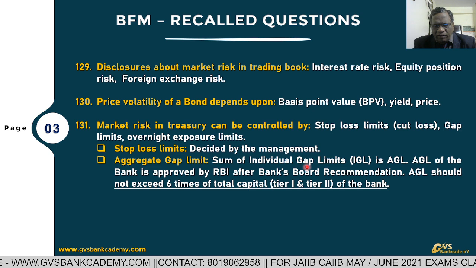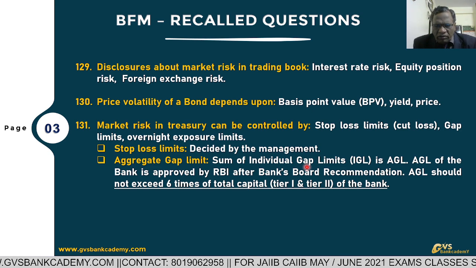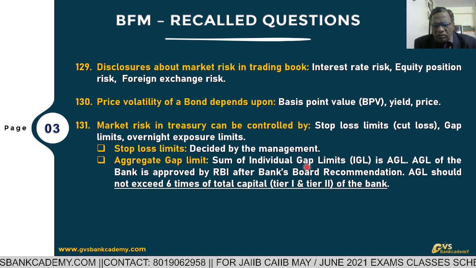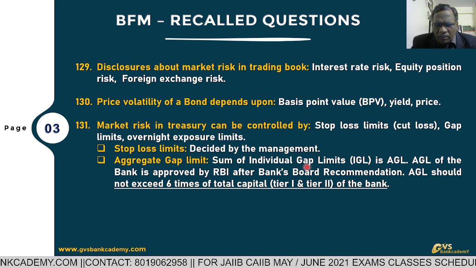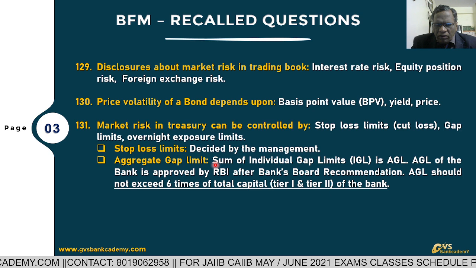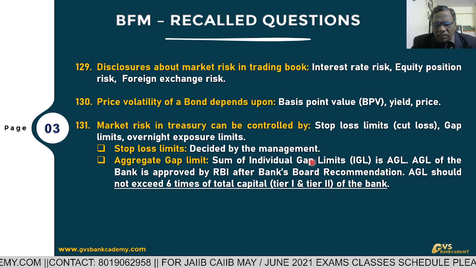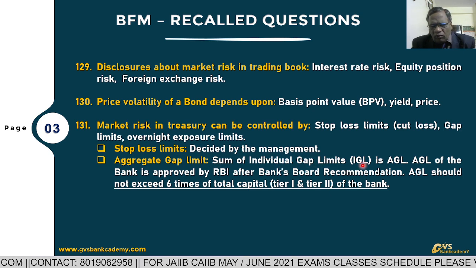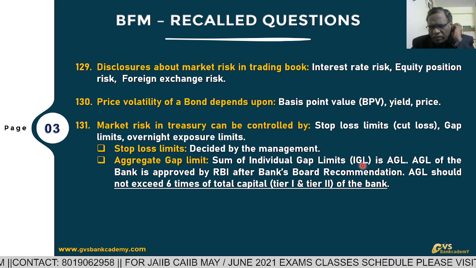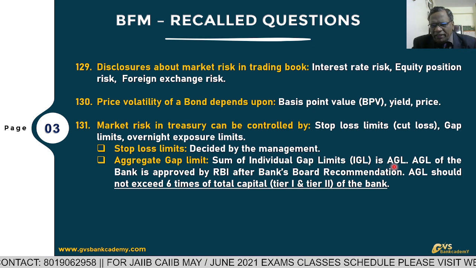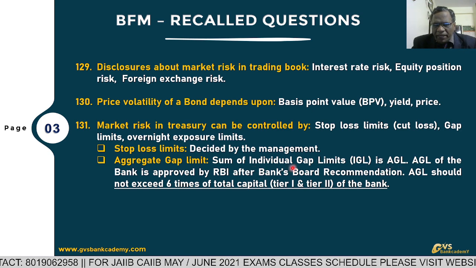You add receipts and payments of that currency, or the over long portion minus the short portion, that is the gap. If you compute it currency wise, that is individual, and if you add all the currencies a particular bank is dealing in, that is the aggregate gap limit of the bank.